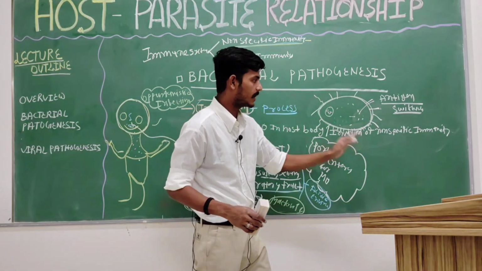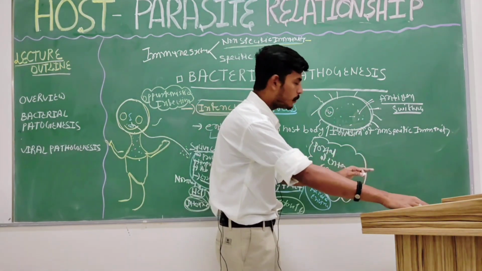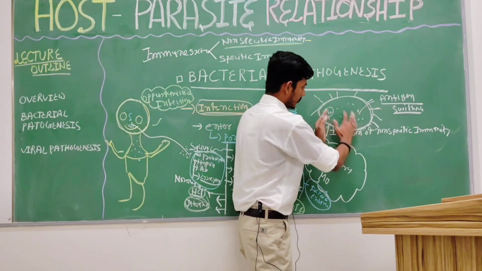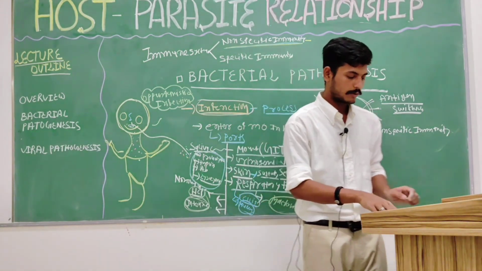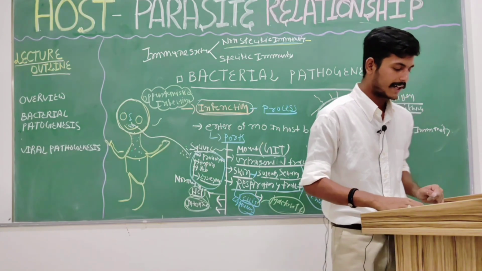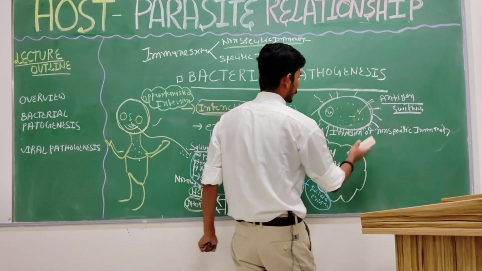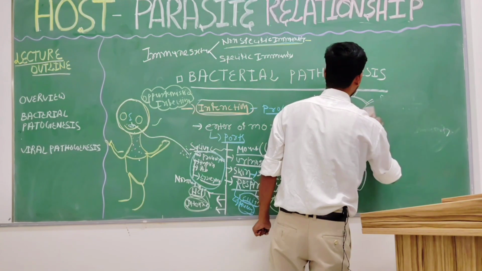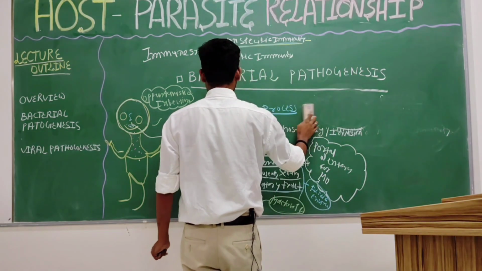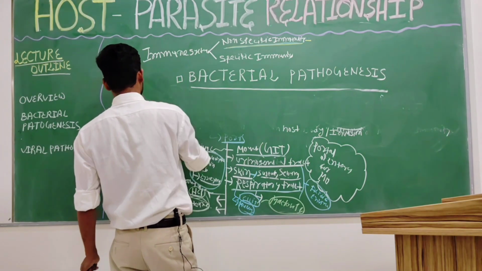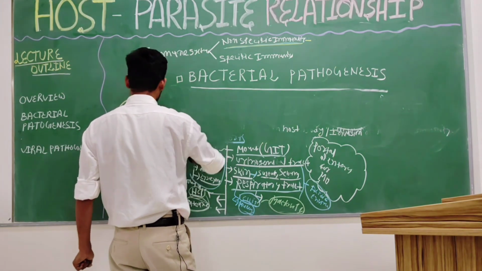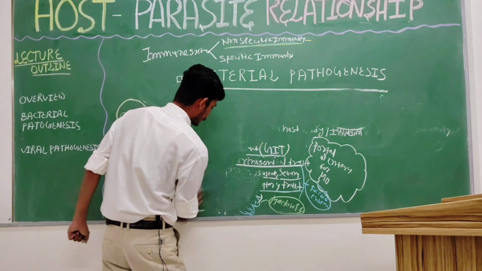So in order to make themselves stable, they have to undergo another process, and that is called adhesion, the adhesion of bacteria or microorganisms in the host body. So the second step is adhesion.